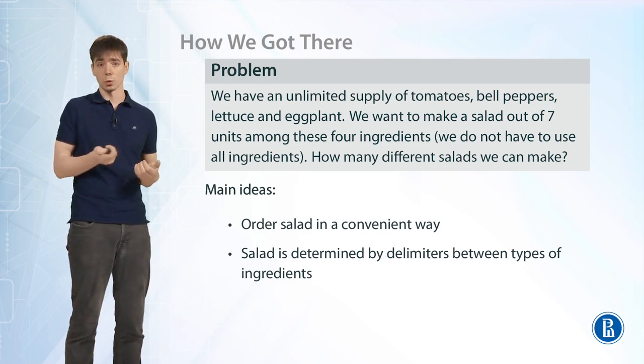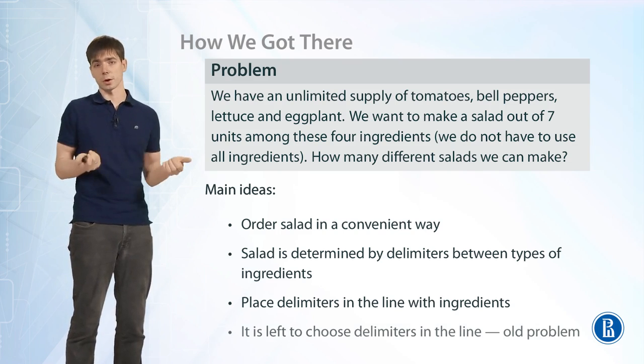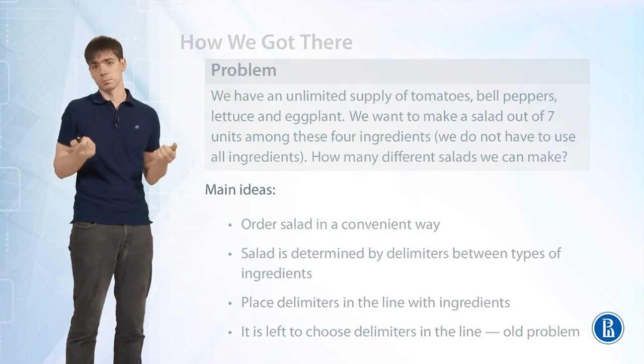We have delimiters, we know where ingredients change. And the final idea is to place delimiters in the line with other ingredients. And then we have a list of 10 options, 7 units plus 3 delimiters, and we have to pick 3 delimiters among them. And that's what we already know how to do.